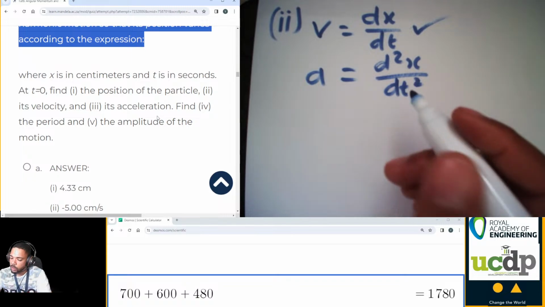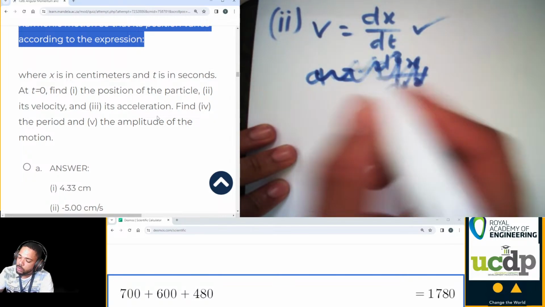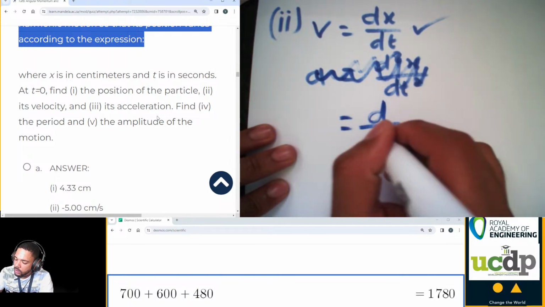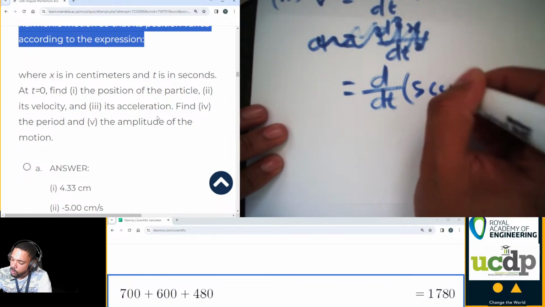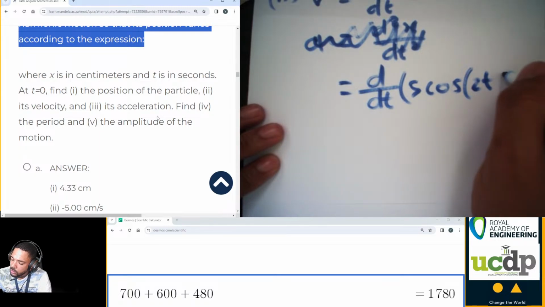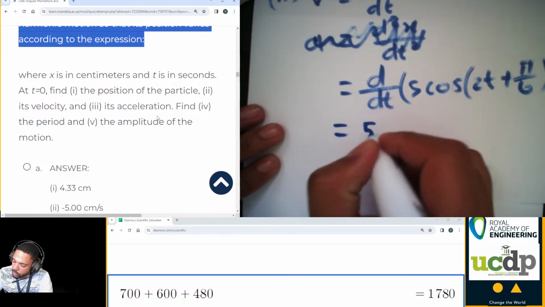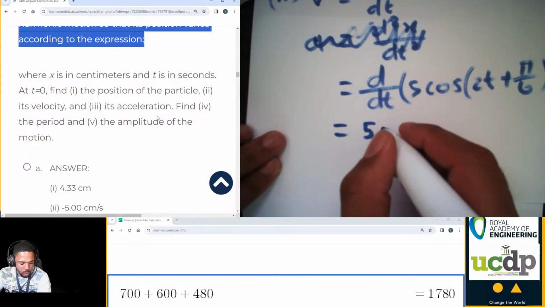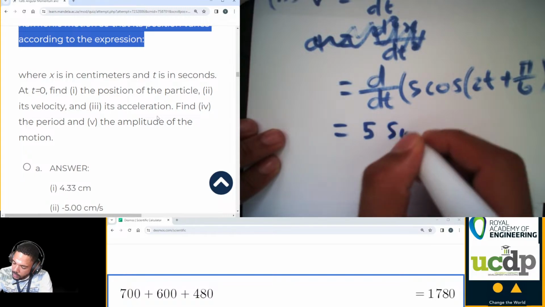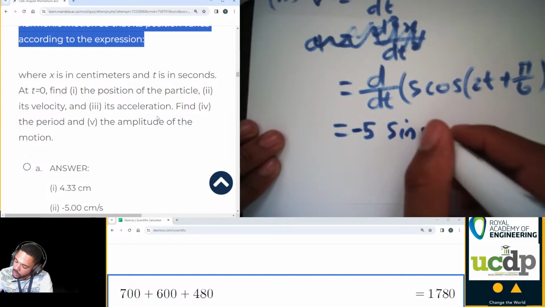Sorry, we're not at acceleration yet. We only have to find the velocity first. So d/dt, the derivative of the position, which is 5 cosine of 2t plus pi over 6. We need to find the derivative of that. The 5 is a constant, so it sticks outside. The derivative of cos is negative sine.